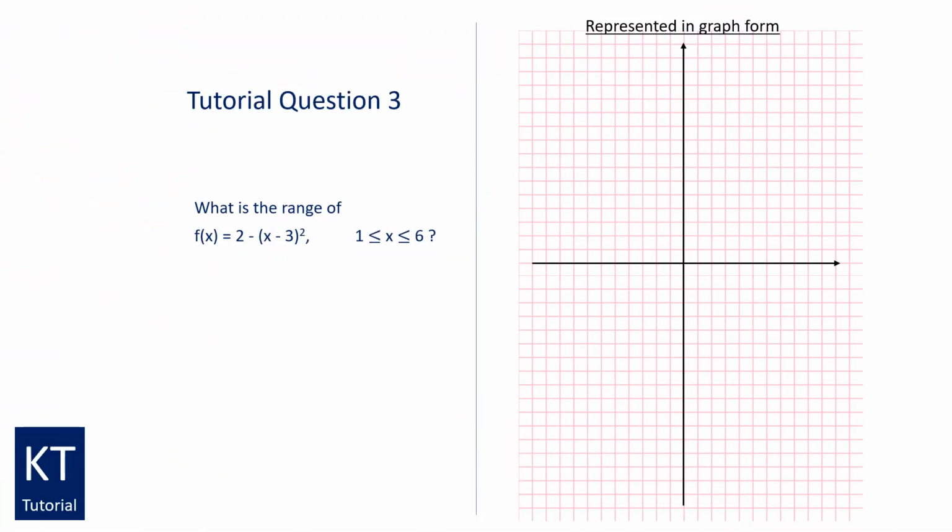Tutorial question 3. What is the range of f(x) equals 2 minus (x minus 3) squared for the domain of x being in between 1 and 6?